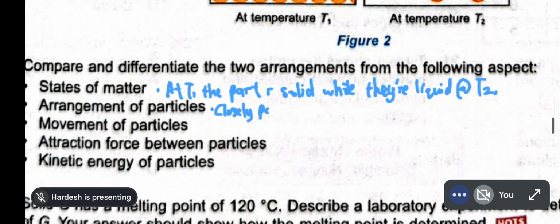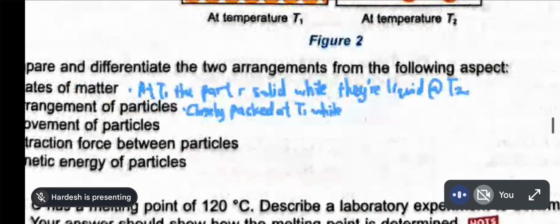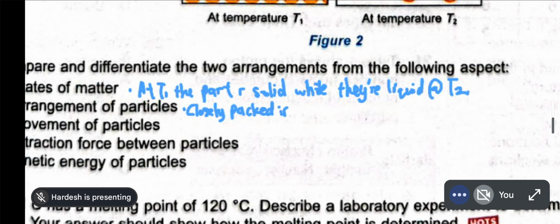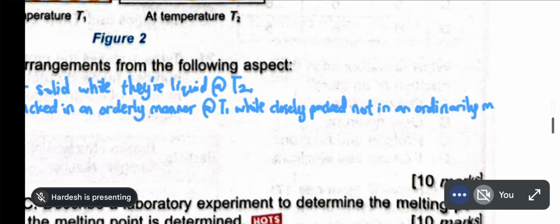Closely packed at T1, closely packed in an orderly manner, while closely packed, not in an orderly manner at T2.